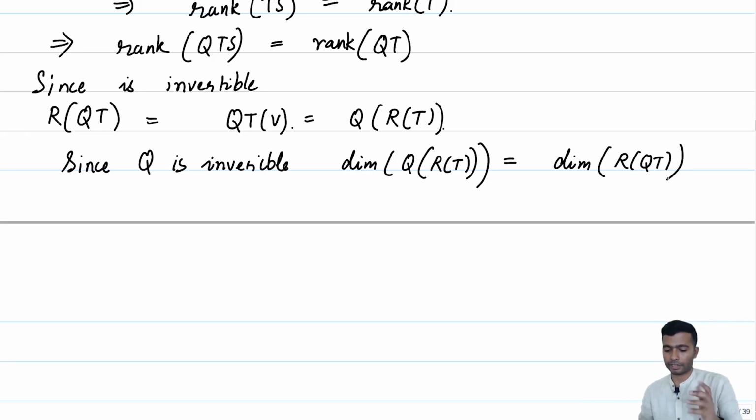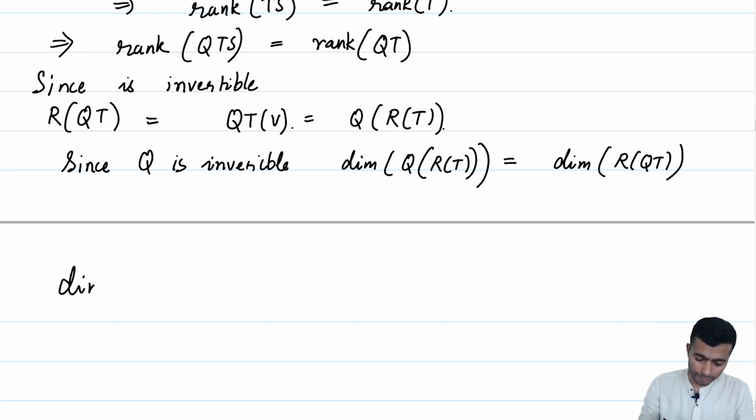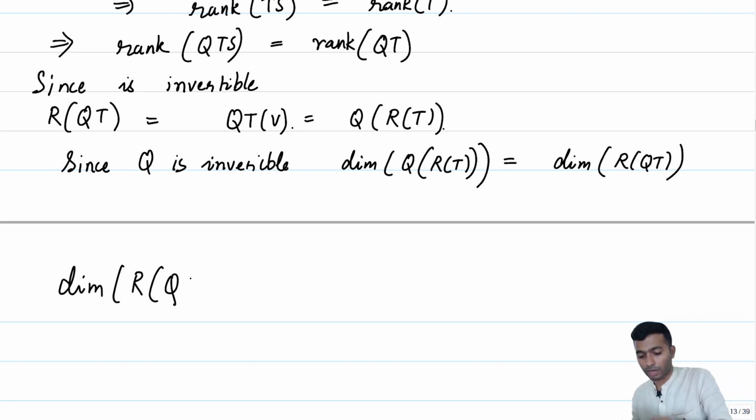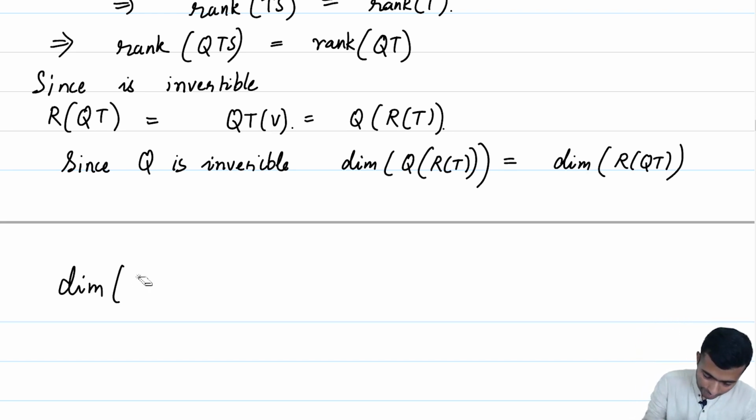What is our left hand side? That is nothing but dimension of R of T itself, because Q is an invertible map. Or rather let me put it this way, maybe a little more careful, dimension of Q of R of T, yes, this is precisely what we should be looking at.